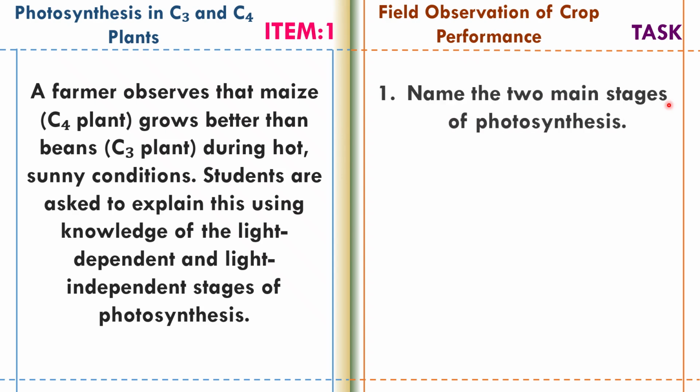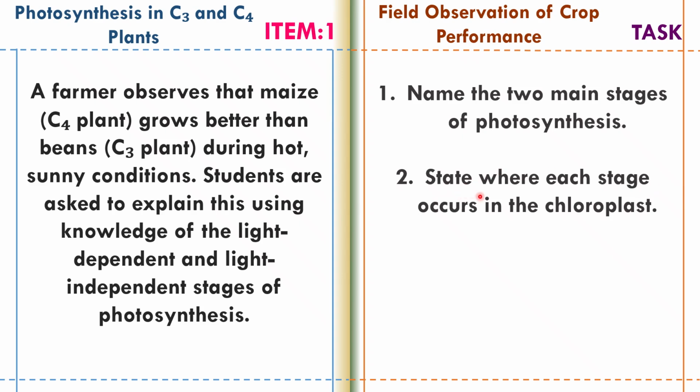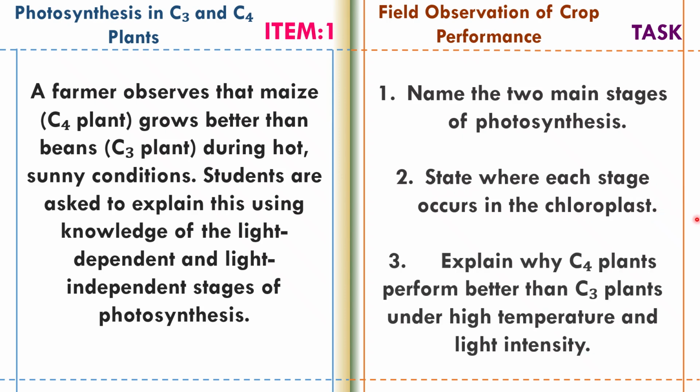Tasks. Name the two main stages of photosynthesis. State where each stage occurs in the chloroplast. Explain why C4 plants perform better than C3 plants under high temperatures and light intensity.